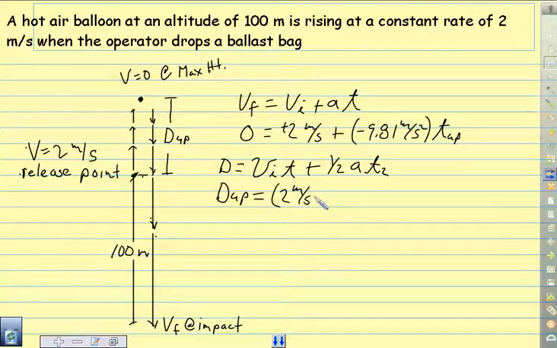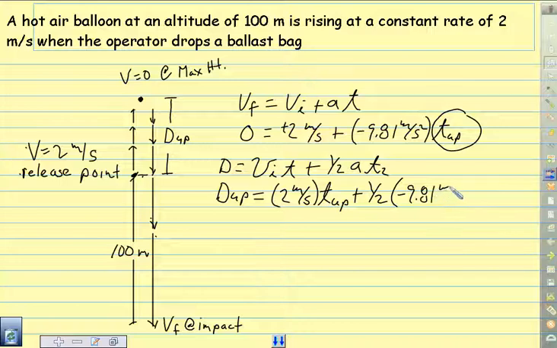It started out moving upward at 2 meters per second for this time that we previously computed here. That's not a subscript. It's a superscript. There we go. And that can find this distance, which I need to add to the 100. And it's going to be here, and then it's going to fall all the way down.